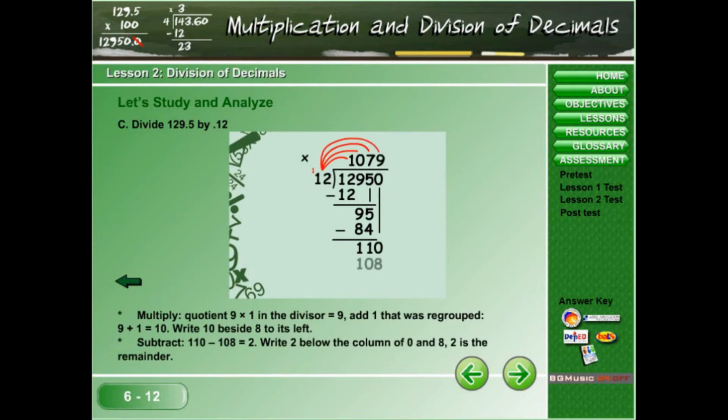Multiply. Quotient 9 times 1 in the divisor equals 9. Add 1 that was regrouped. 9 plus 1 equals 10. Write 10 beside 8 to its left. Subtract. 110 minus 108 equals 2. Write 2 below the column of 0 and 8. 2 is the remainder.